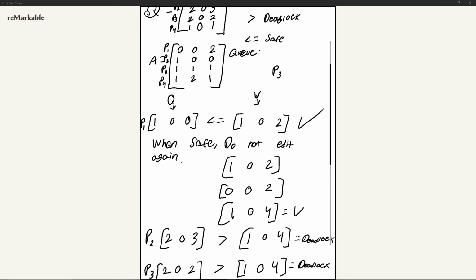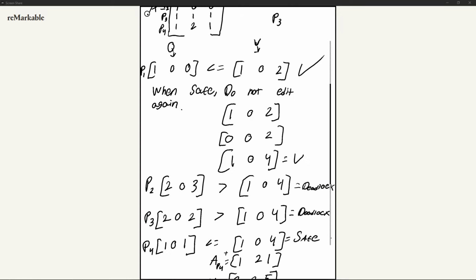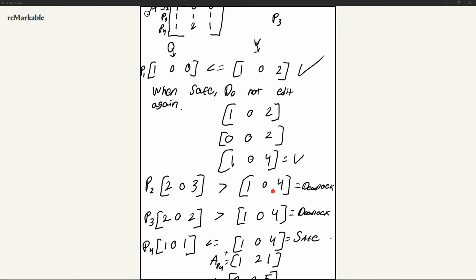Now, are they all going to be safe? I'm going to tell you now, no. This is not a realistic example, I'm just showing you what to do. If you run into a safe one, say in this case 1 was deadlocked and 2 was safe, you need to still continue on to 3 and 4 and then go back to 1.